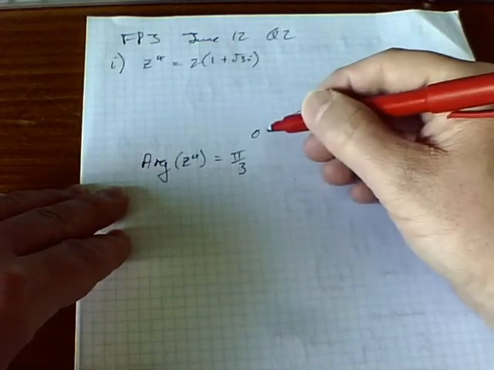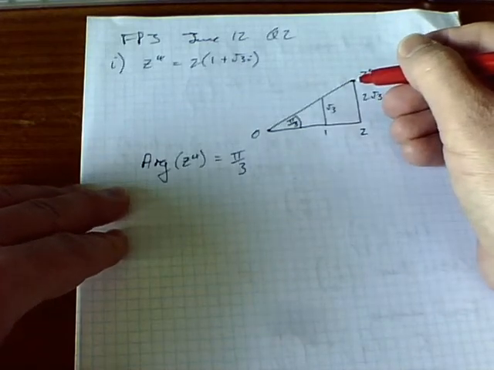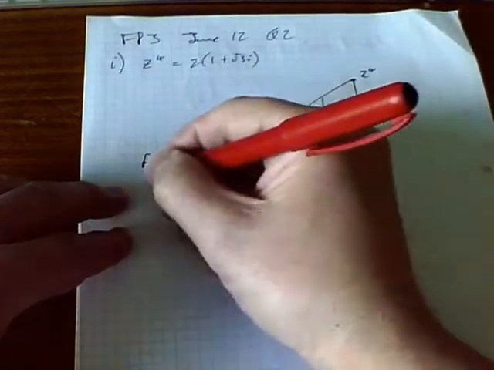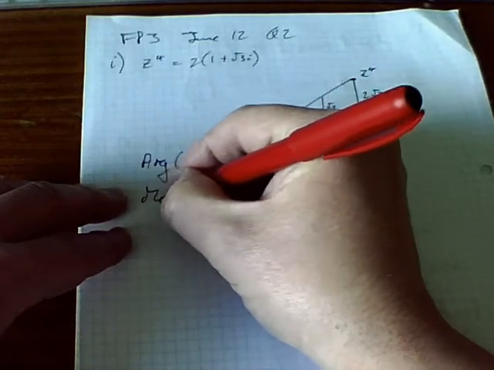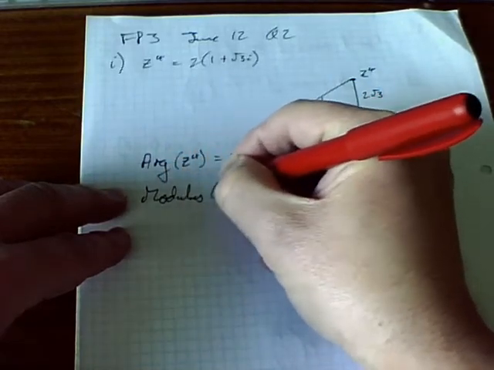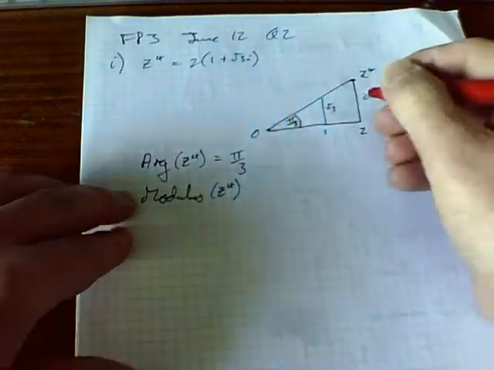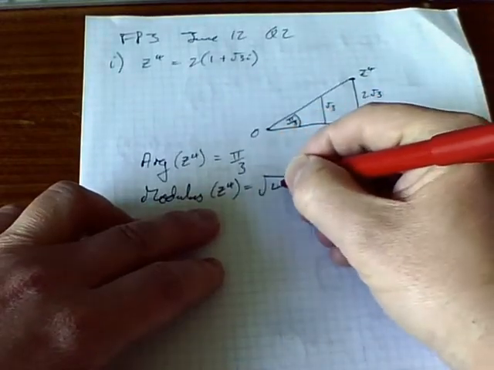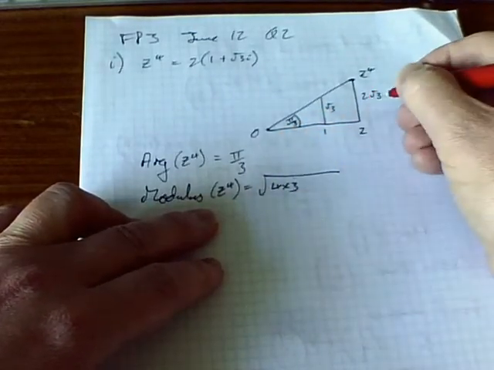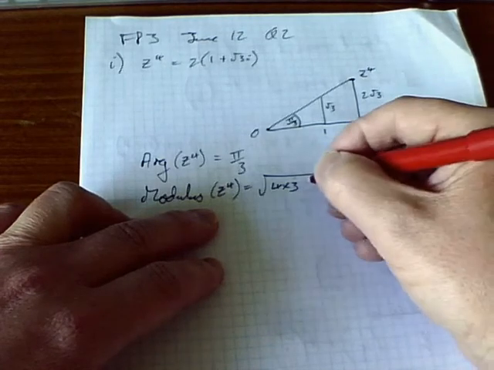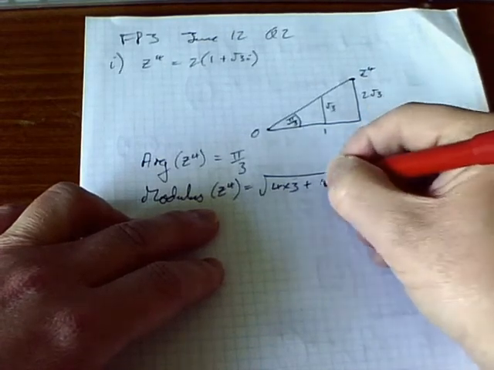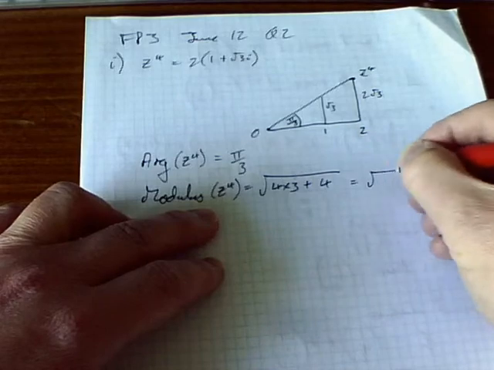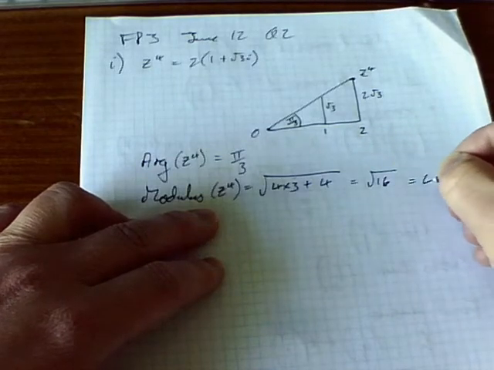The modulus we can find by working out the distance from the origin out to z to the 4, which with a little bit of Pythagoras gives the modulus of z to the 4 as the square root of 4 times 3, that's 2 squared times root 3 squared, plus 4, so root 16, which is 4.